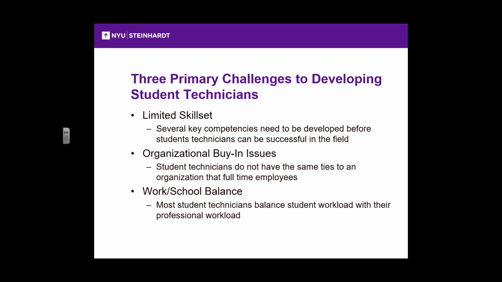I see 3 primary challenges to developing student technicians. First, they have a limited skill set. Several key competencies need to be developed before student technicians can be successful in the field. The second is organizational buy-in issues. Student technicians don't necessarily have the same ties to an organization that a full-time employee would have.